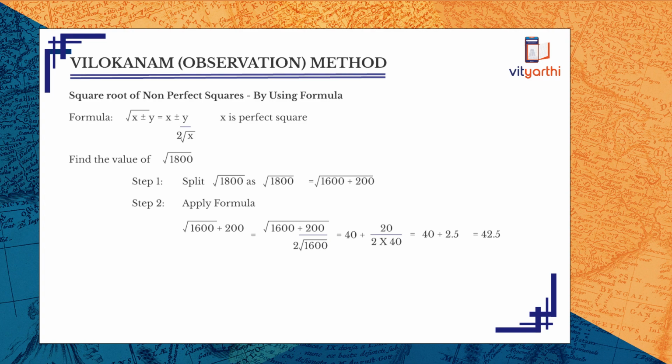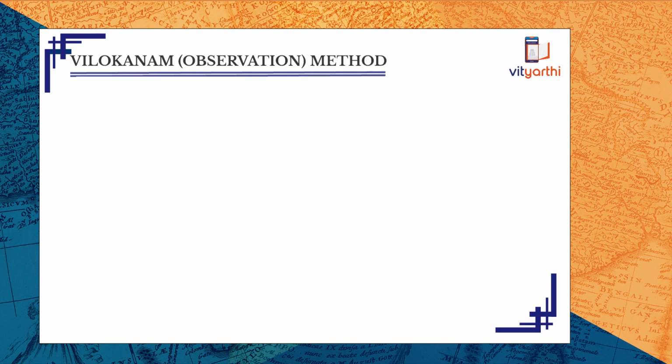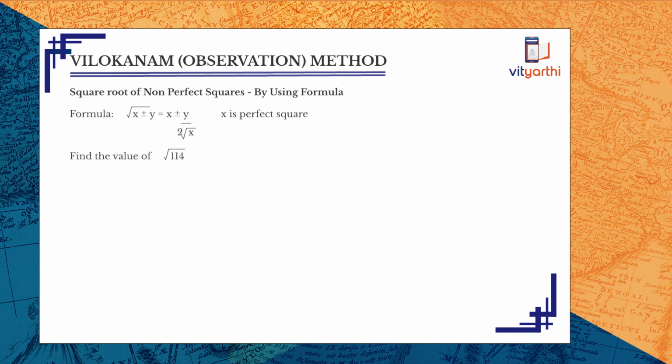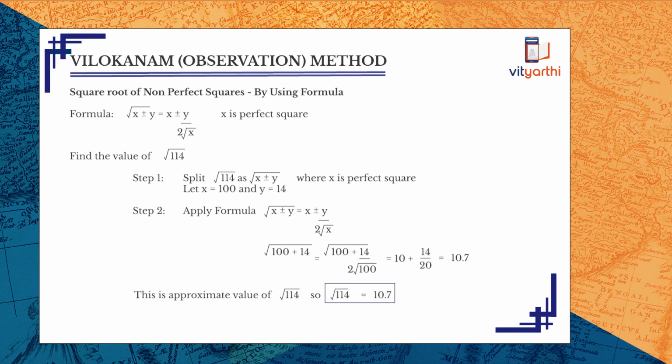After simplification, we get 42.5, and this is the value of root 1800. Root 114: we split root 114 as 100 plus 14. After applying the formula and simplification, the value will be 10.7.